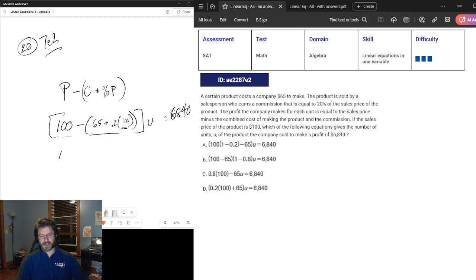If we factor that off, we get 100 times 1 or minus 65 minus 0.2. Is that right? No, something is weird there. Hold up. All right, let's go ahead and distribute that negative. 100 minus 65 minus 0.2 times 100, all of that times u.